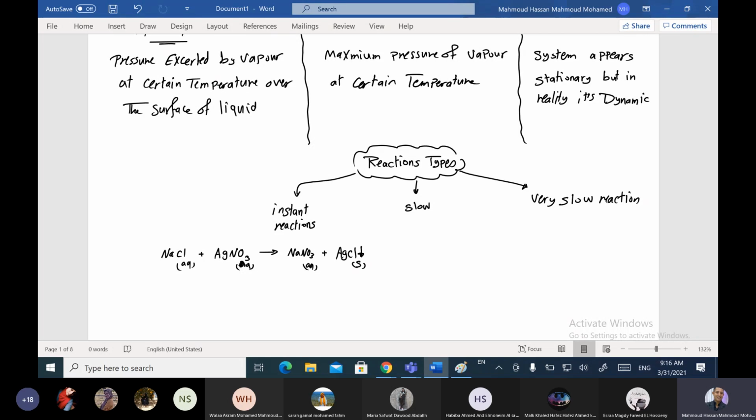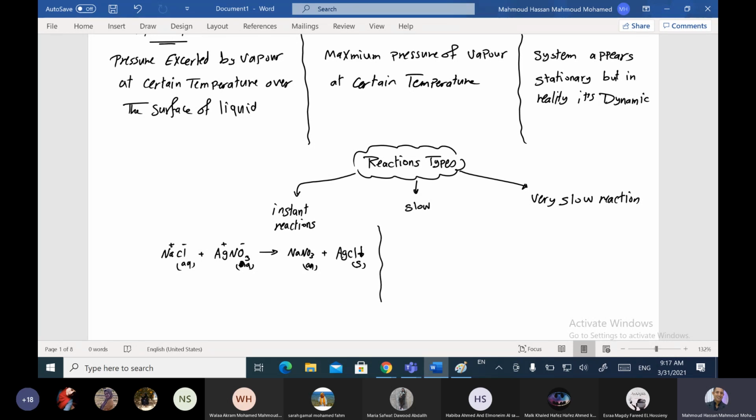The speed of this reaction is very high since it takes place between ions, positive and negative ions. It does not take time, and then it's called the instant reaction or instantaneous reaction.